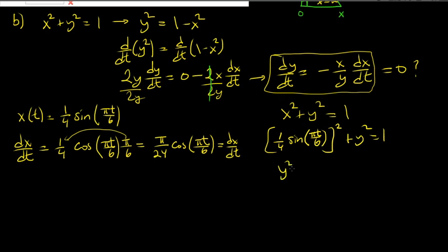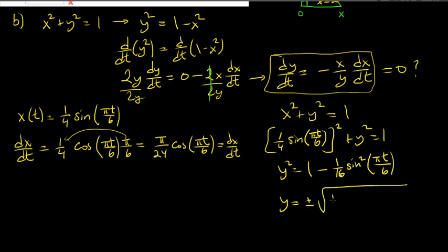So in other words, y squared is just going to be 1 minus, and then 1/4 squared is 1/16, times sine squared of pi t over 6. Yep, so that's y squared. Y, of course, will be plus or minus the square root of all that, which is not pleasant.